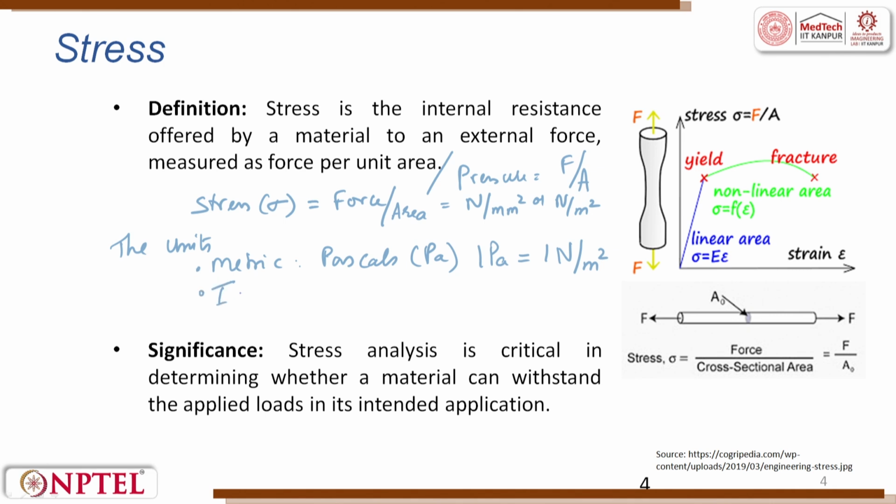In imperial, we use pound per square inch, which is nothing but 1 PSI. So, this is what is used in your tires.